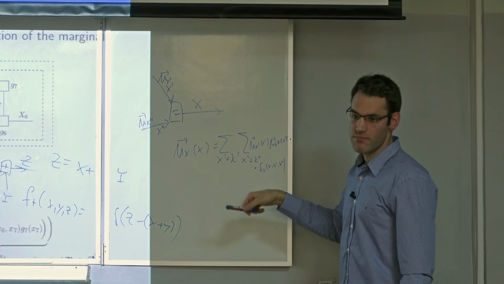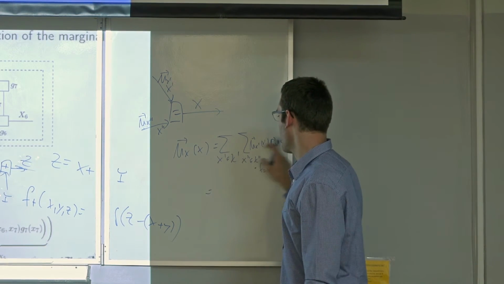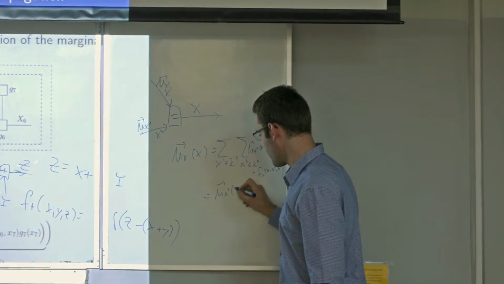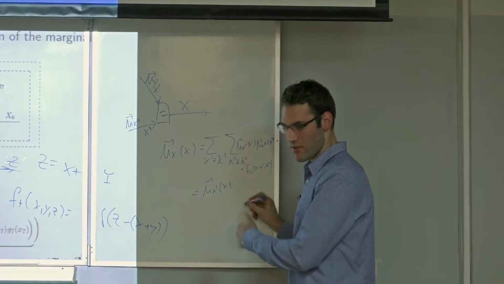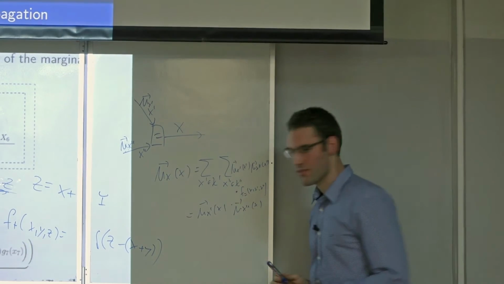And this is just a delta, right? So all the factors will drop and you just have mu x prime of x, because the delta ensured this one, times mu x forward of x.